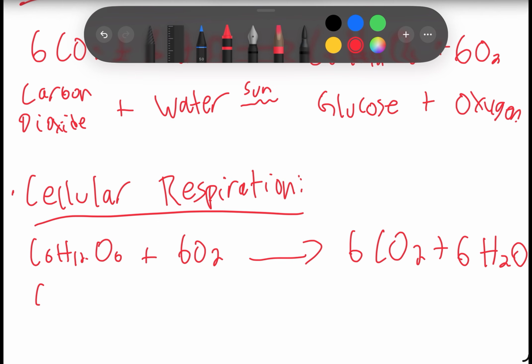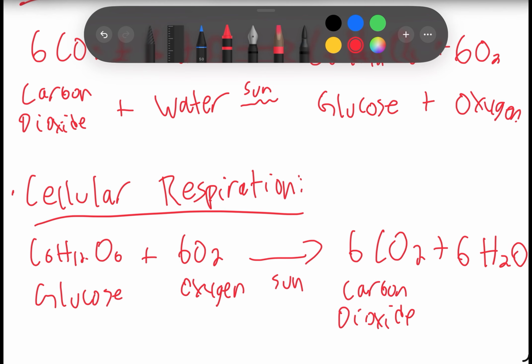Obviously, this one is glucose, oxygen, still the sun, and this side is carbon dioxide, and of course, water.